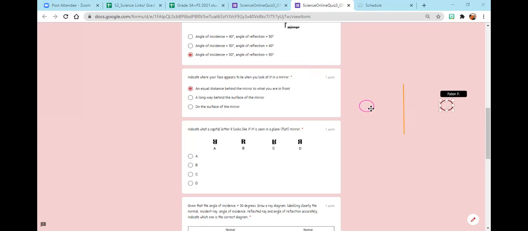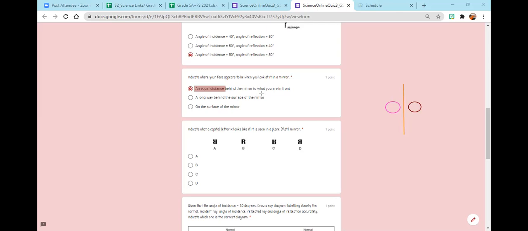If the object comes closer, the image of the object also will come closer. So there is always an equal distance between the object and the mirror, and the mirror and the image of this object.